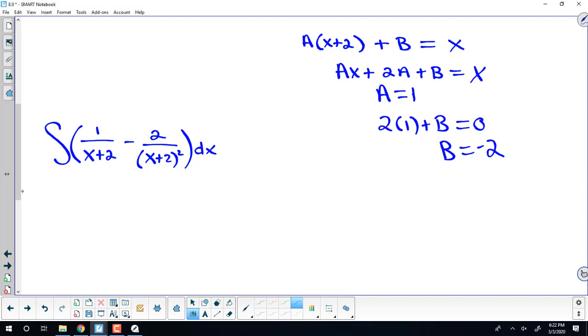Okay, so there's our partial fraction. You end up with the same result with a u substitution as well. So we have natural log, absolute value of x plus 2.